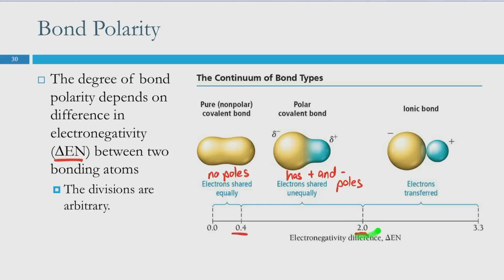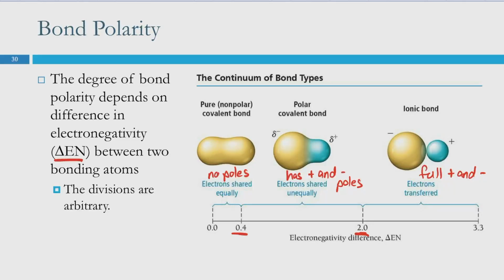If it's above 2.0 and up to 3.3, 3.3 because 4 minus 0.7, the lowest value, is 3.3. Anything bigger than 2, though, that's going to be an ionic bond. And the electrons are basically transferred. So we've got basically full positive and negative charges.